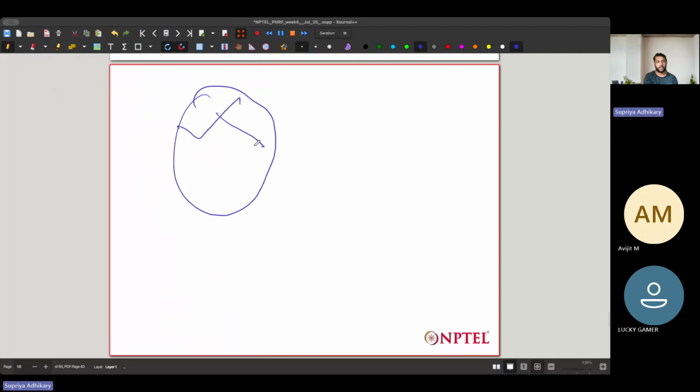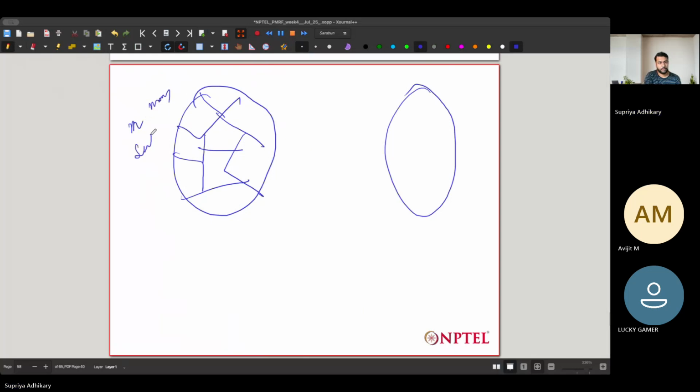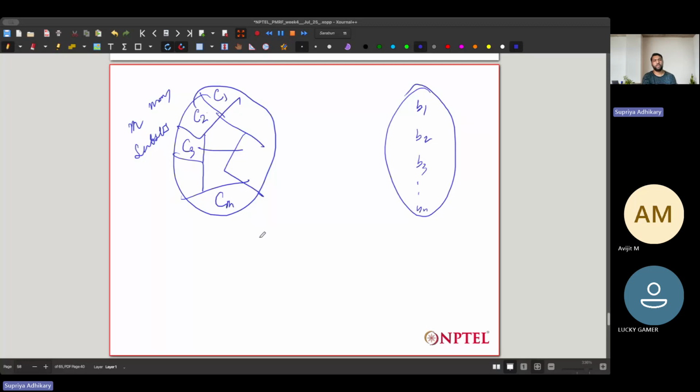Now set X is partitioned into this many non-empty subsets. So there are m many disjoint subsets, and over here we have m many elements, V1, V2, V3, and so on. Now let's say that we are representing these sets as C1, C2, C3, up to Cm. So we are just enumerating them.